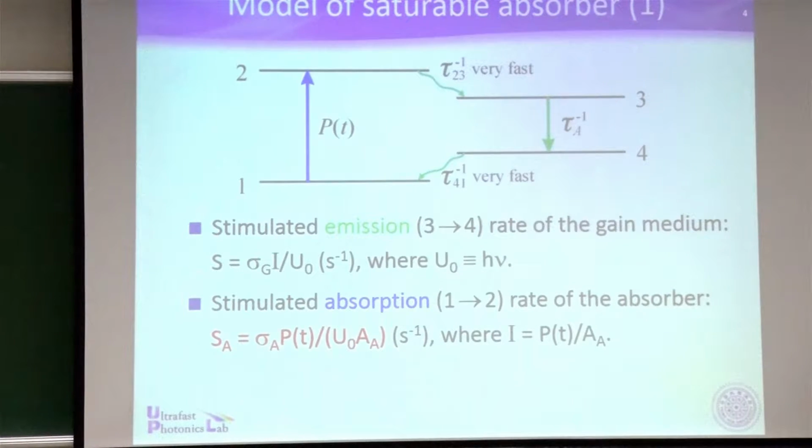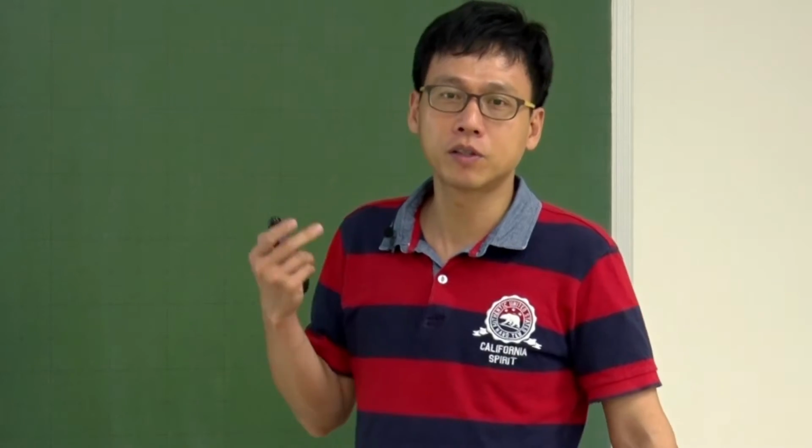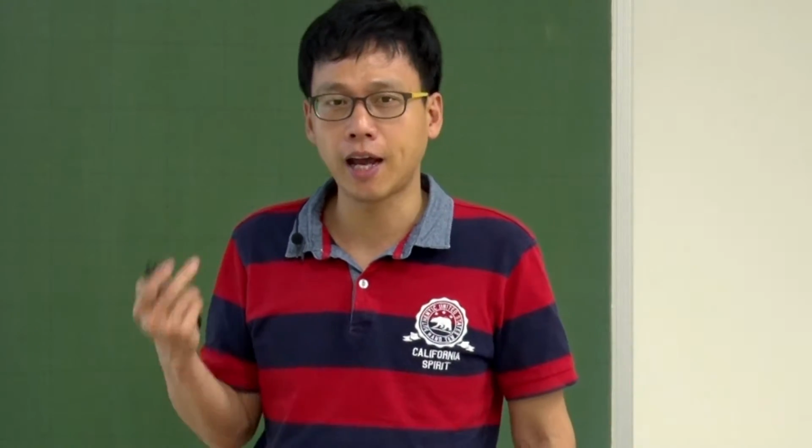So we define the stimulated absorption rate of the absorber with a symbol of S_A. A means absorption, absorber. S_A equals sigma A, very like sigma G, so it represents the effective cross-sectional area of the absorber, times I, but I is replaced by P over A. I is the intensity or power density, the power per unit area.